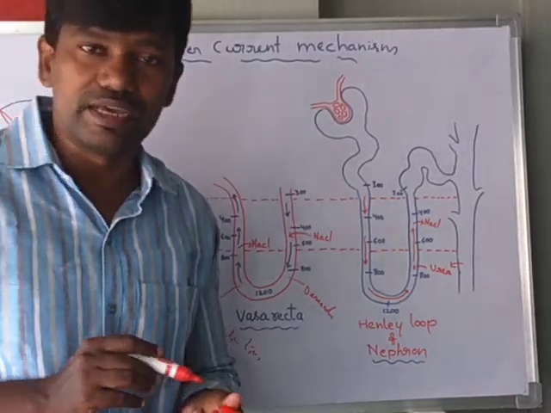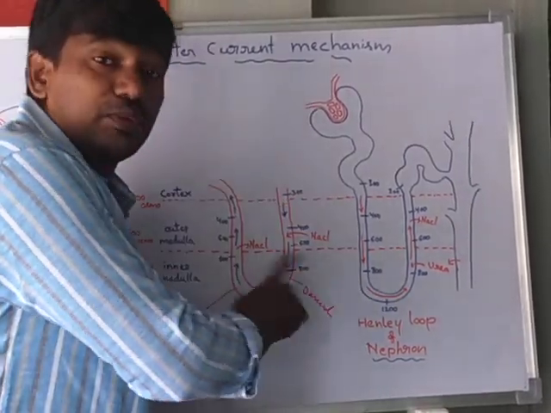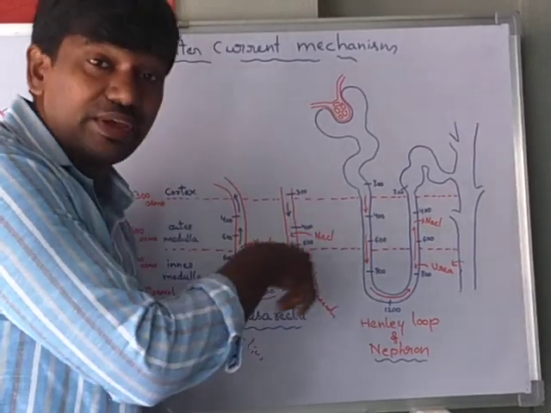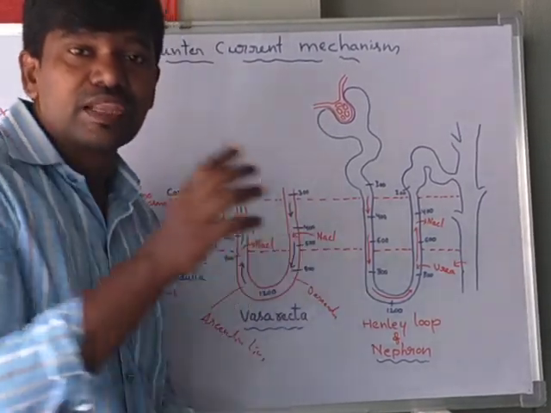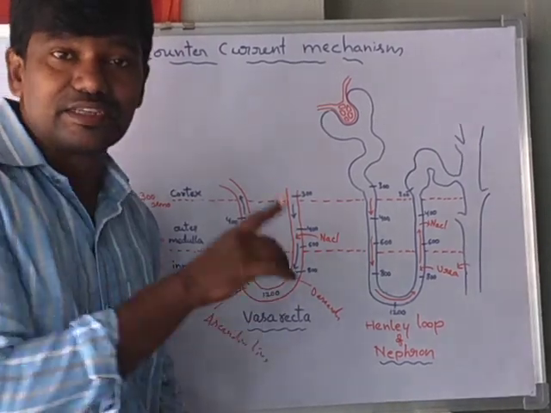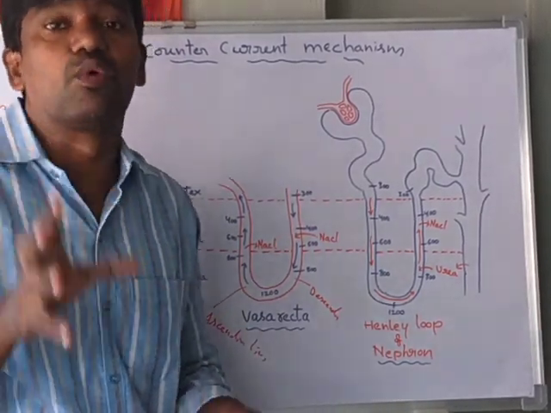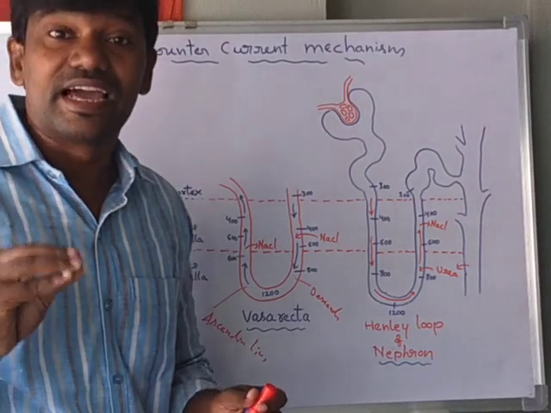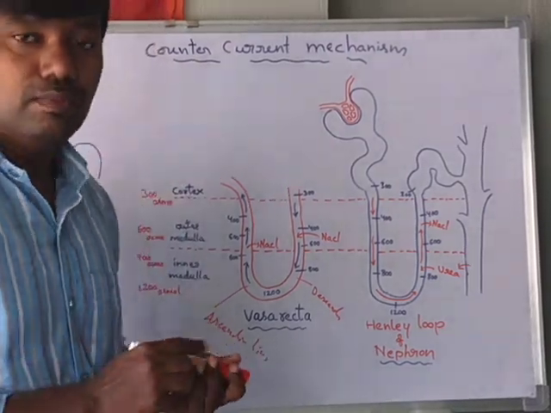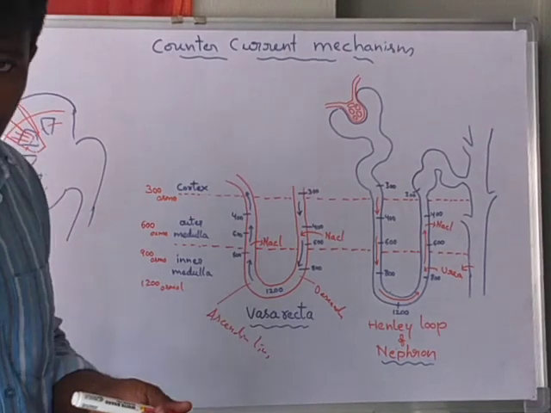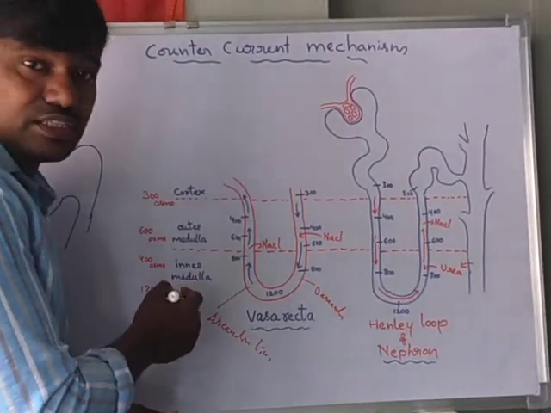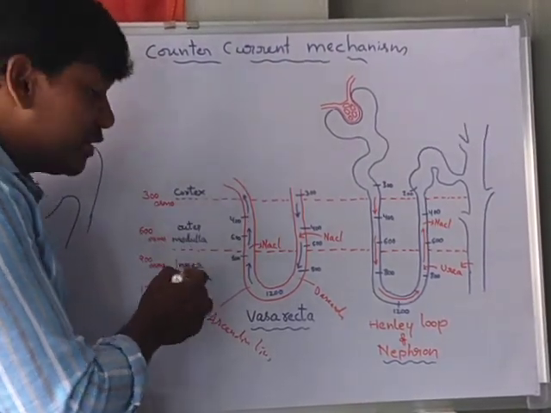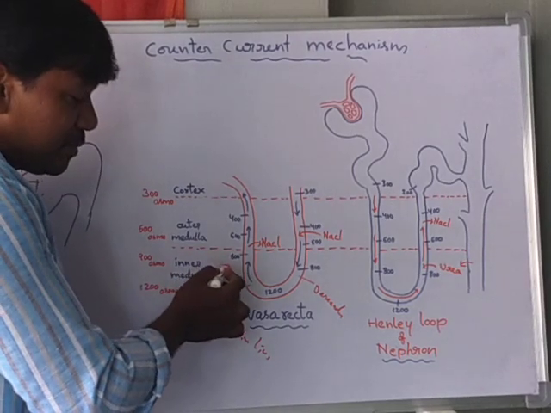The renal fluid and blood flow in opposite directions, making a counter current pattern which maintains and increases the osmolarity towards the inner medullary interstitium.